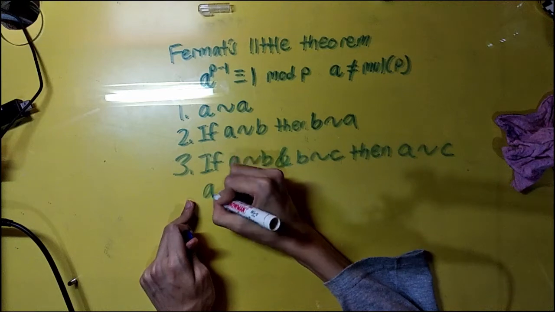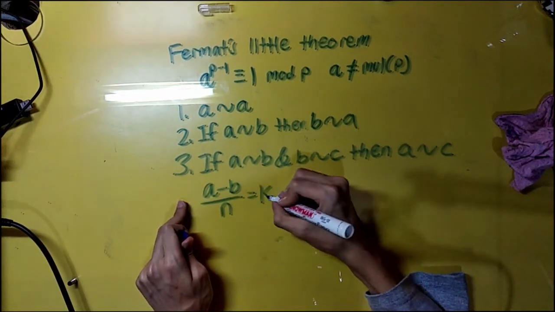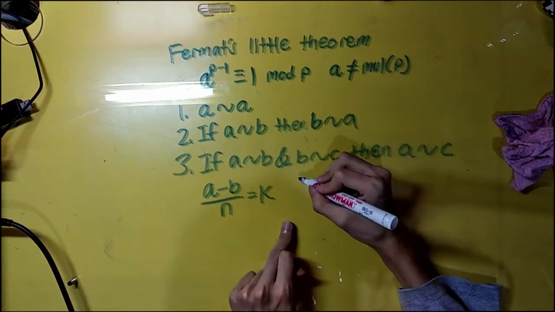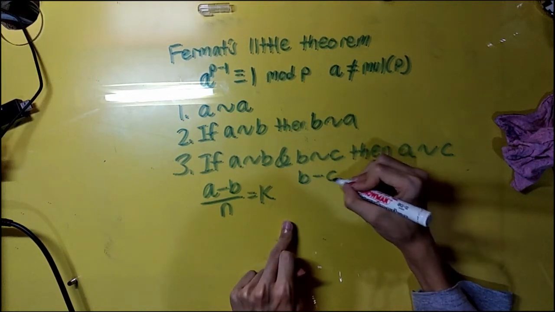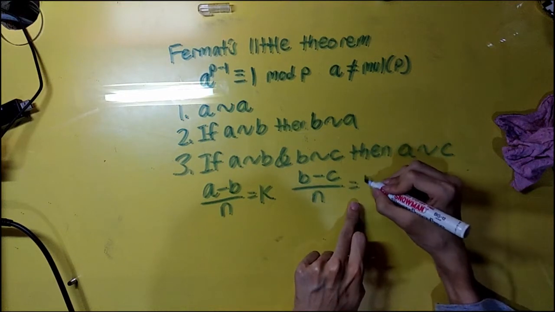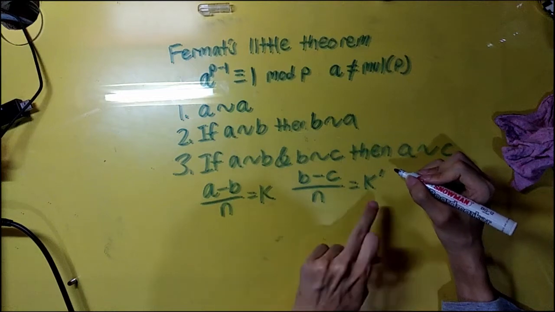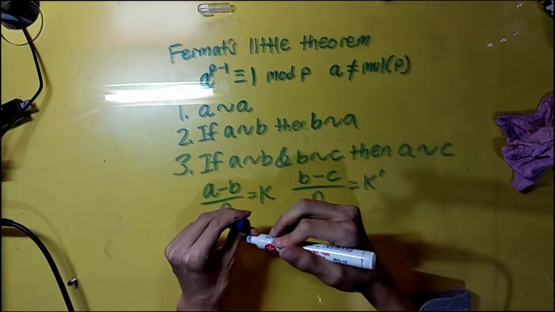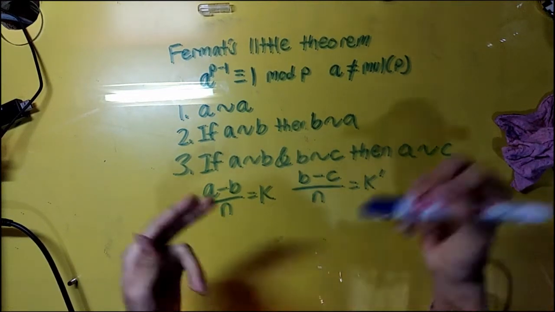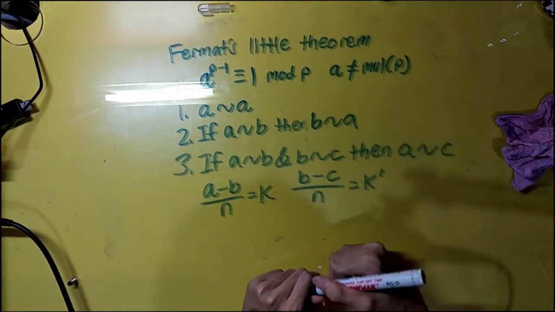It means that if A minus B is divided by n, it's going to give out a whole number k. What does this mean? If B subtracts C divides by n, it's going to also give out another whole number, but we're going to denote it as k prime instead, because these whole numbers may not necessarily be the same. It's just that it gives out a whole number, could be a different whole number, who knows, right?